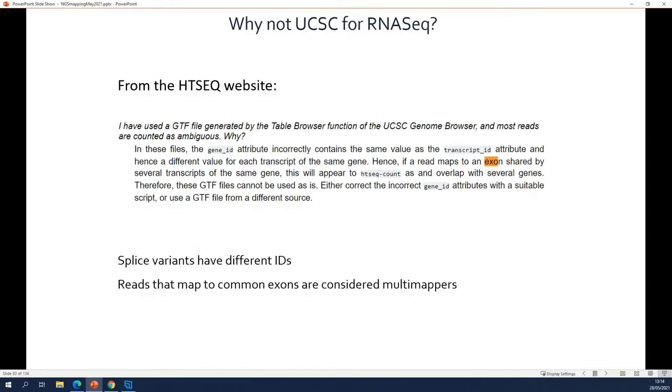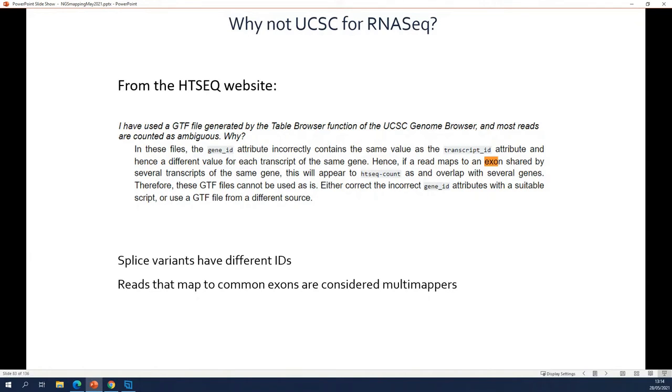There is an additional issue with UCSC, and it's on the level of the counting tools. After the mapping, you're going to do counting. You're going to count the reads that map to a certain transcript or to a certain gene. And some of the counting tools also have an issue with the UCSC data. Why is that?